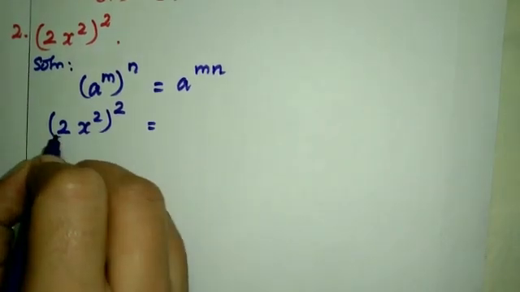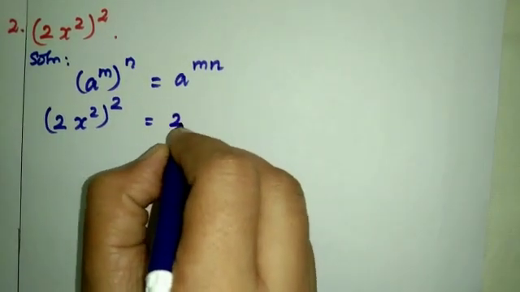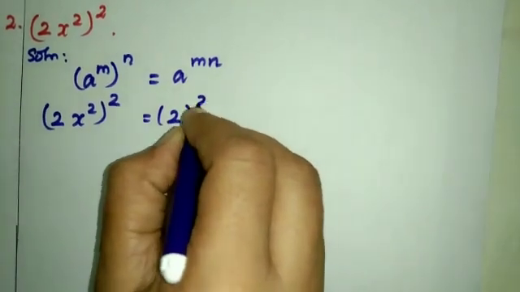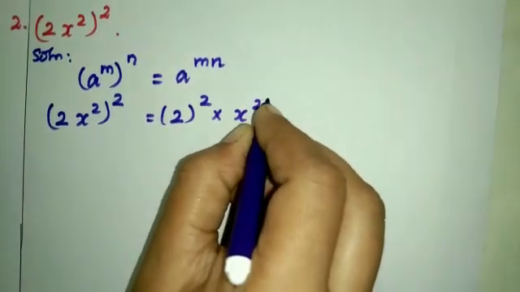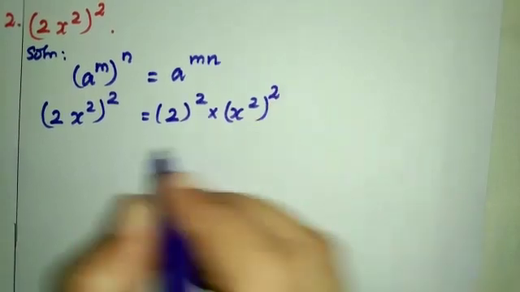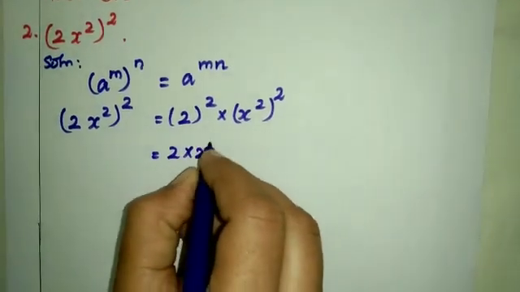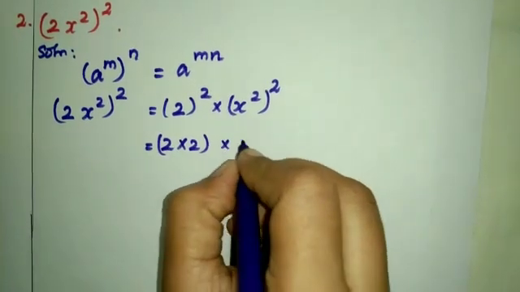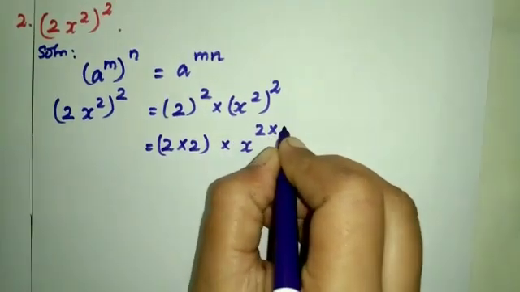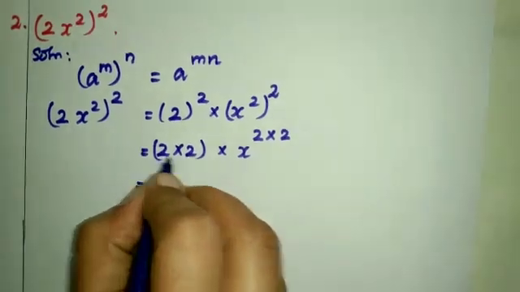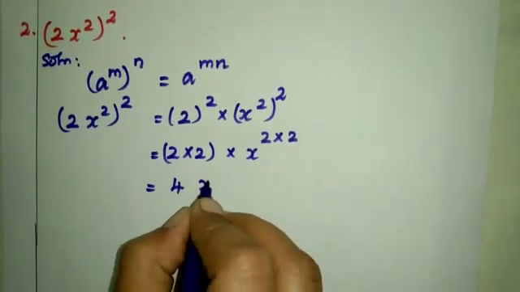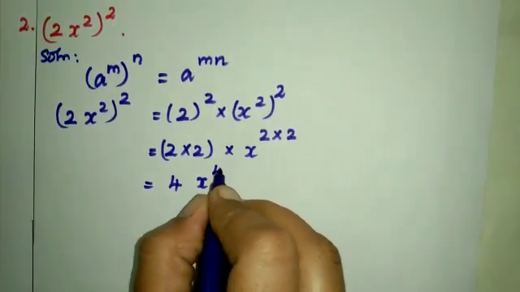Here separate the elements. That is 2 power 2 into x square the whole power 2. What is the meaning of 2 power 2? That is 2 into 2, into x power, multiply the powers, 2 into 2. Here 2 2s are 4, x power 2 into 2, 4.